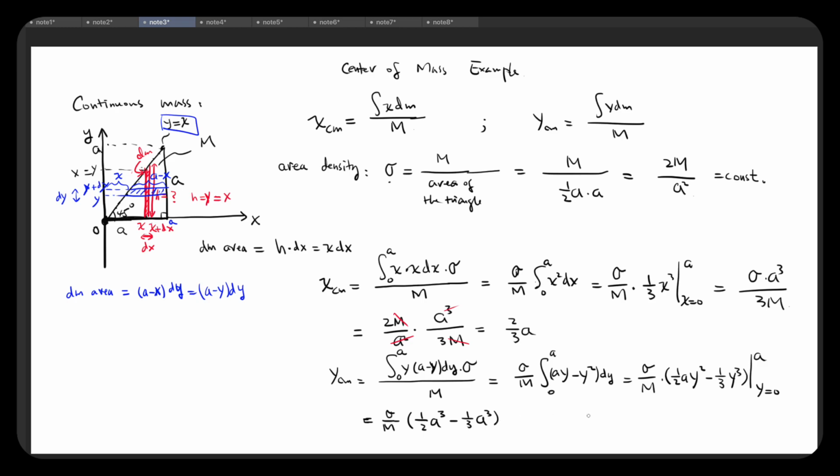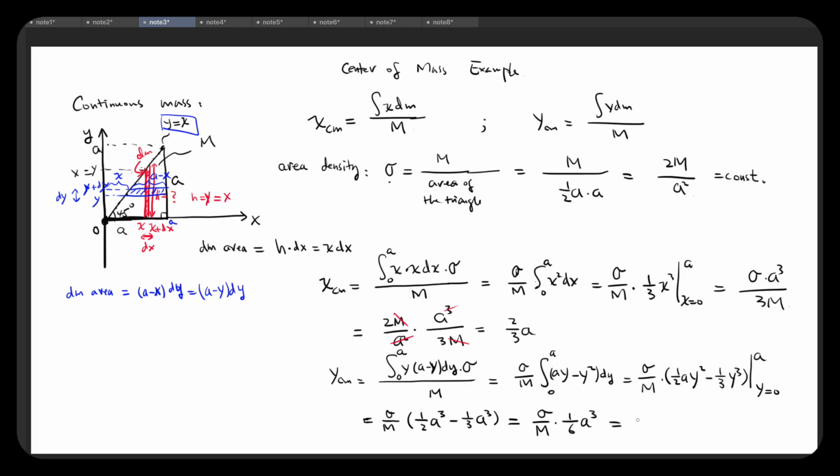Then we need to subtract the lower bound when we substitute in y equals 0, and it turns out when you plug in y equals 0 here, we always get 0. So that's the final result. Then let me simplify this a little bit: sigma over m, and then 1/2 minus 1/3 is 1/6 a cubed.